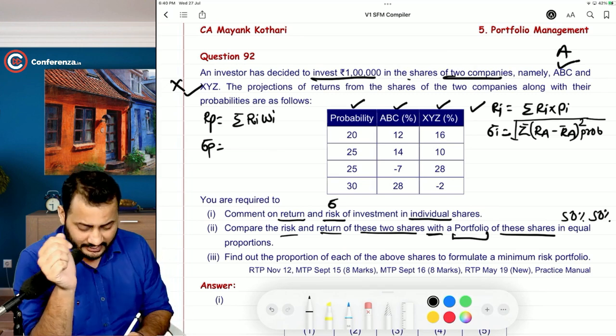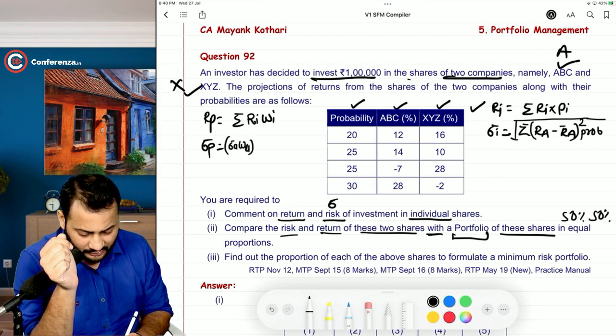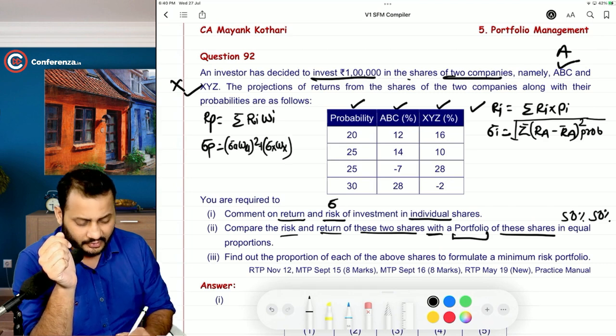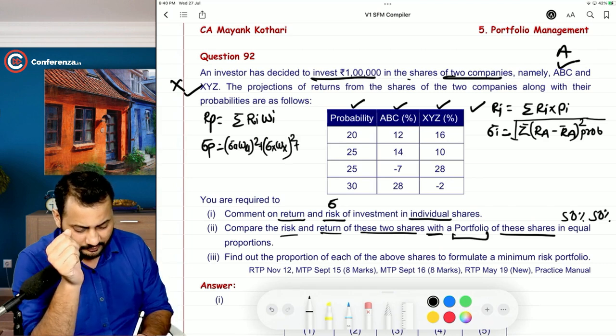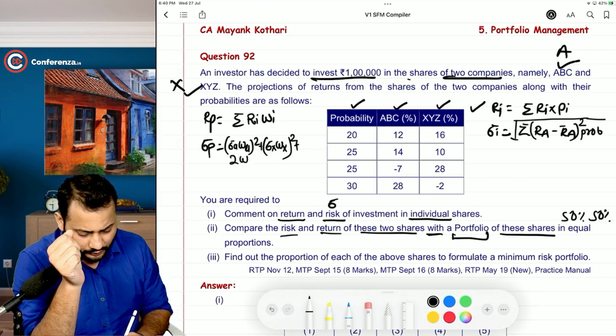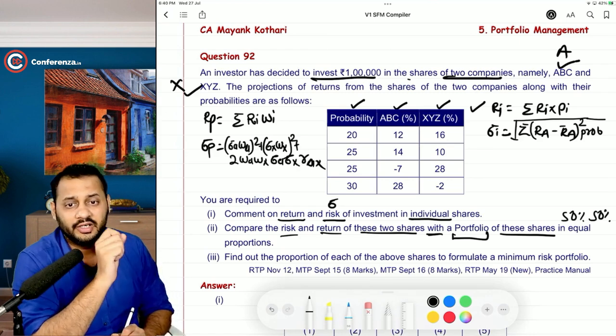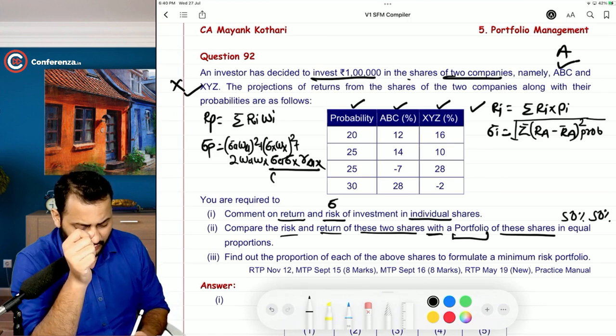Sigma P squared is equal to standard deviation of A times weight of A, whole squared, plus standard deviation of X times weight of X, X meaning XYZ, squared, plus 2 into weight of A, weight of X, standard deviation of A, standard deviation of X, and rAX. Am I right? You have to calculate the correlation coefficient. Instead of this, you can also calculate the covariance of AX.